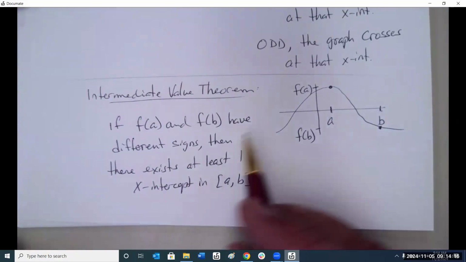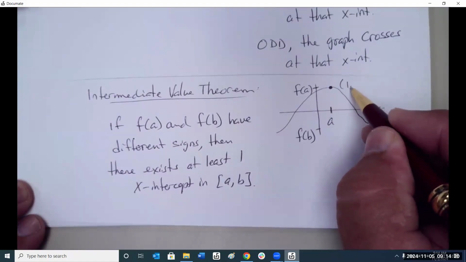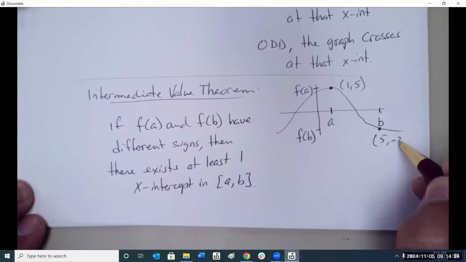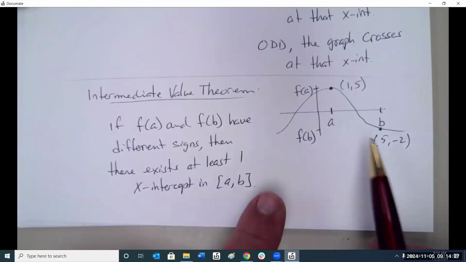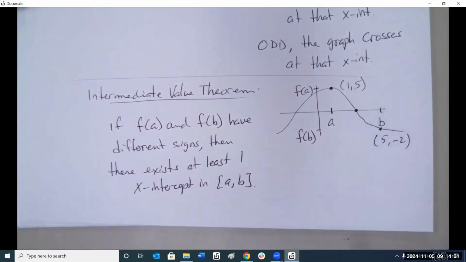Think about it. If it's continuous and this one is, let's say, positive 5 at 1, and this one's at 5, -2, since the y values are different, that means it has to cross the x-axis somewhere. At least once. It doesn't tell us how many or where, just that one exists.